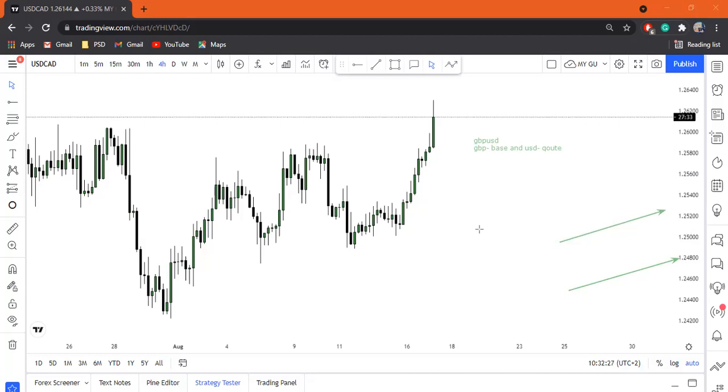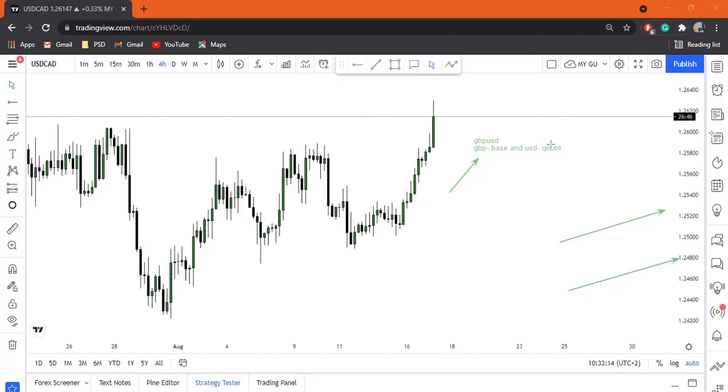To go just a tiny little bit deeper, if I was to buy pound USD, I'll be paying this price. Let's say it's at 1.26.